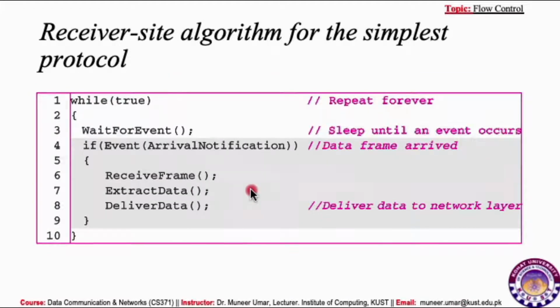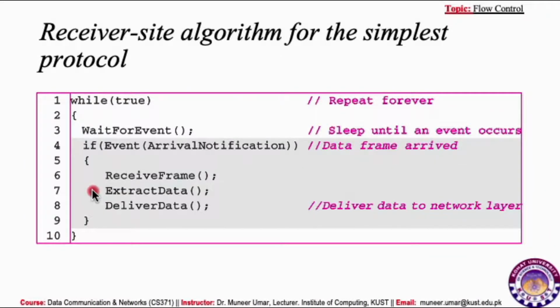Then we have another algorithm at the receiver side. This algorithm has the same format as the previous one for the sender side, except that the direction of the frames and data is upward. The event here is the arrival of a data frame.